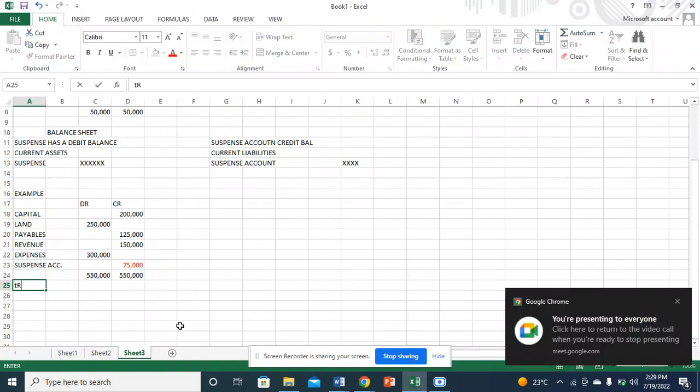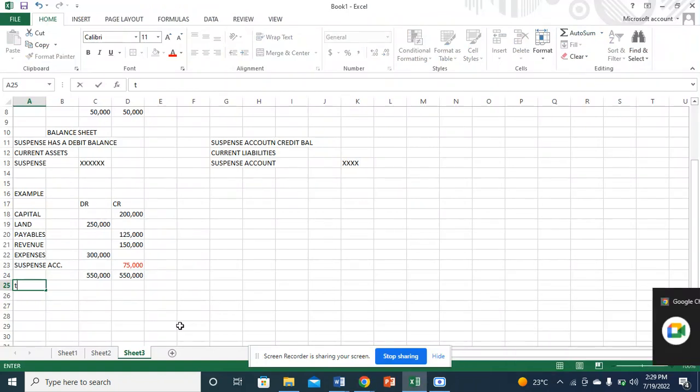Firstly, trade payables was understated by 25,000.